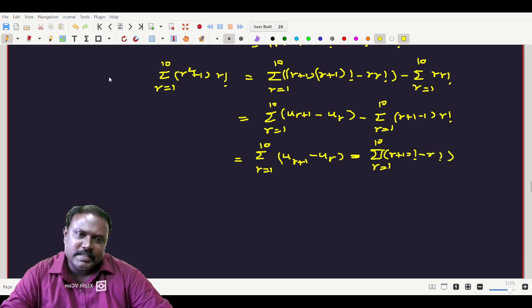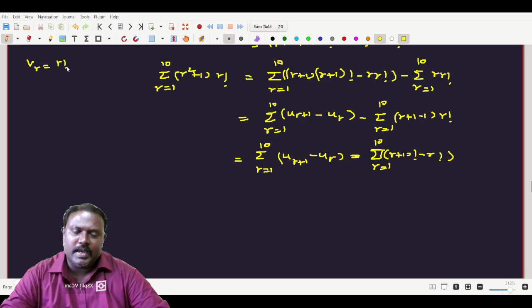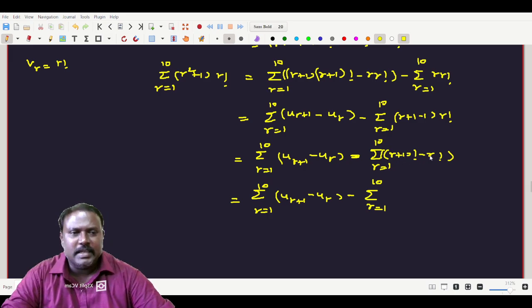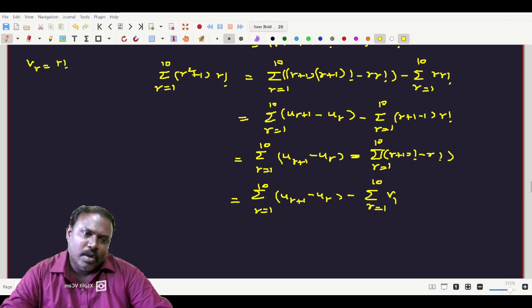Now let us take v_r equals r factorial. So what will happen? Summation r equals 1 to 10 of u_(r plus 1) minus u_r, minus summation r equals 1 to 10 of v_(r plus 1) minus v_r.